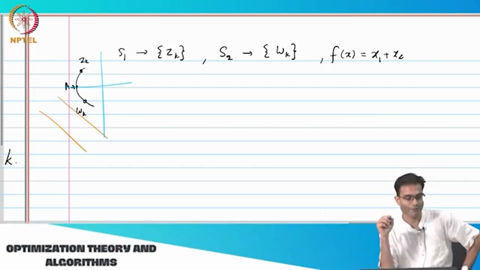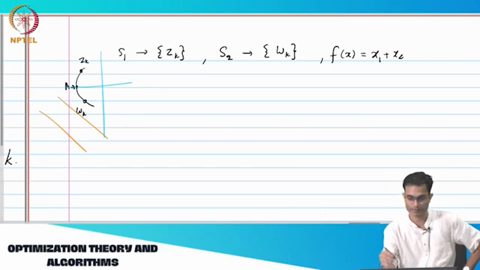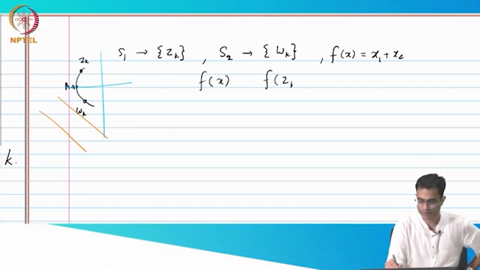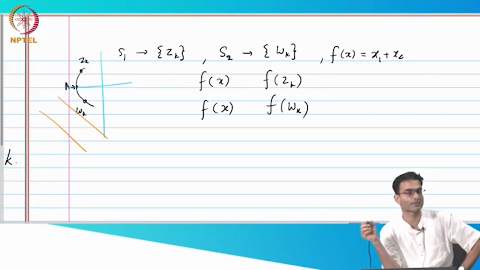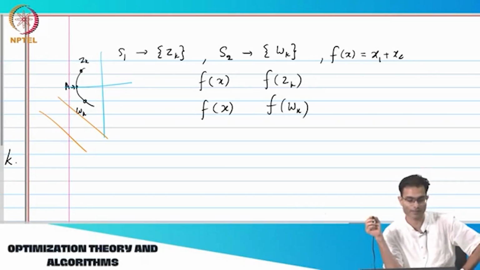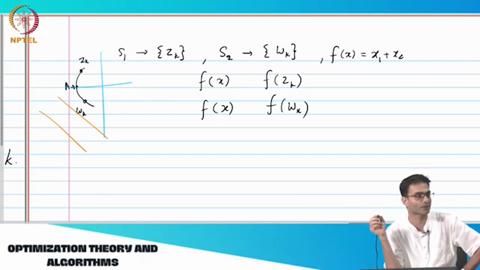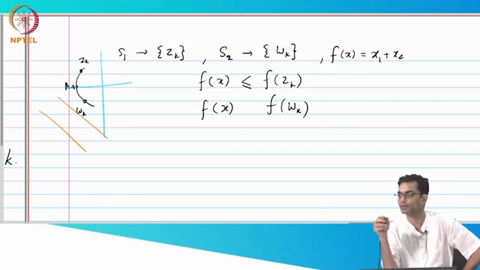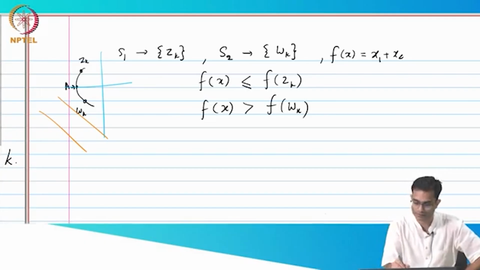So f at zk, f at x, and f of wk. For the first one, which way is the inequality? f at x is always less than or equal to f at zk, and the other one is always greater than or equal to.